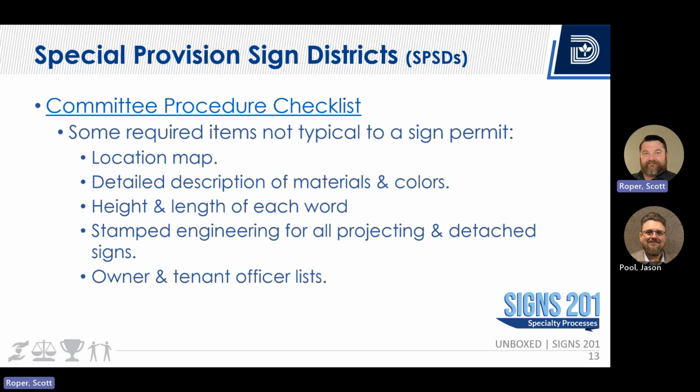We're normally pretty lenient on this, except for SPSD cases where you need to be very specific. To the point of, if you're using 3M vinyl, we want 3M in the color code. So very specific. Height and length of each word, stamped engineering for all projecting and detached signs, and owner and tenant officer list. And we provide a template of how that should look.